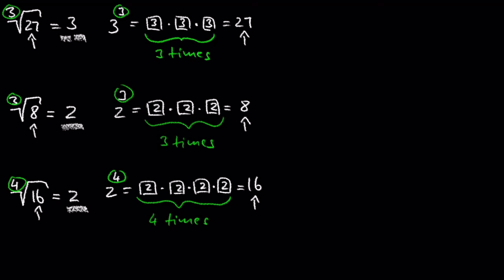Let's do one more example. What is the 117th root of 1? Feel free to pause the video and try that by yourself. This looks difficult, but remember, ask yourself the question, what number do you have to multiply 117 times by itself to get 1?